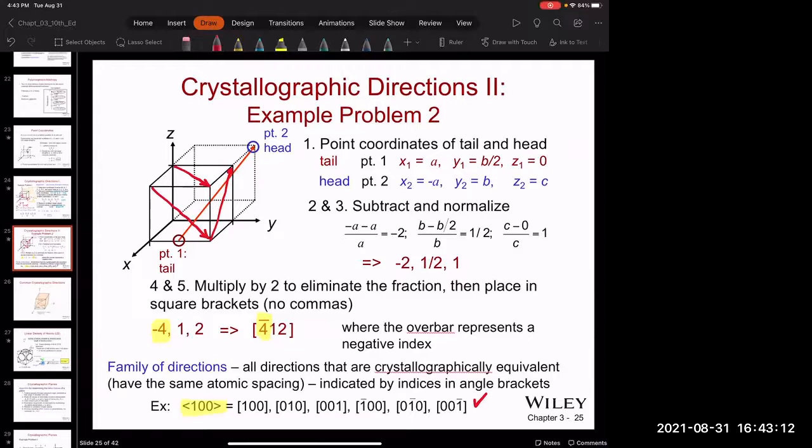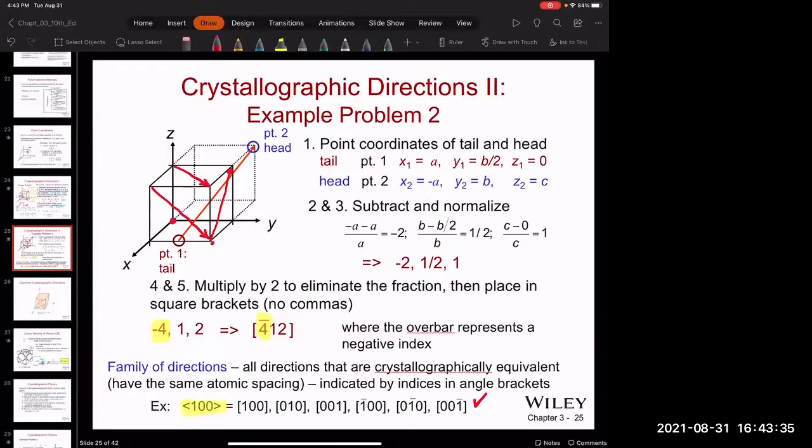And sometimes they might be negative, because when you define the origin to be here, it's one thing, but if you define the origin to be here, then it will be negative, or if you define the origin behind this. All these things will be the same, and we call this a family.